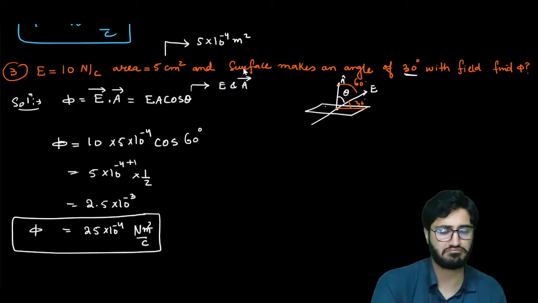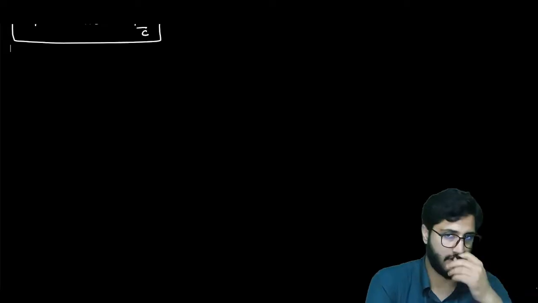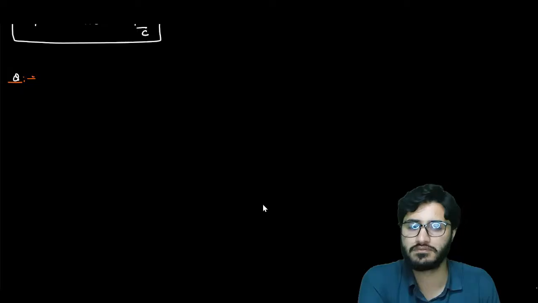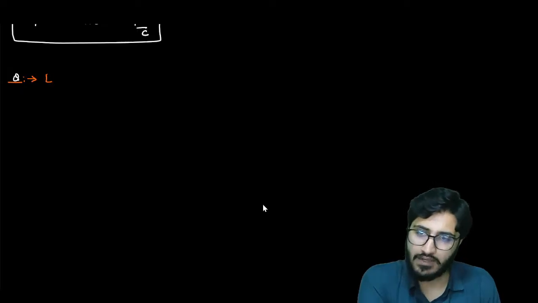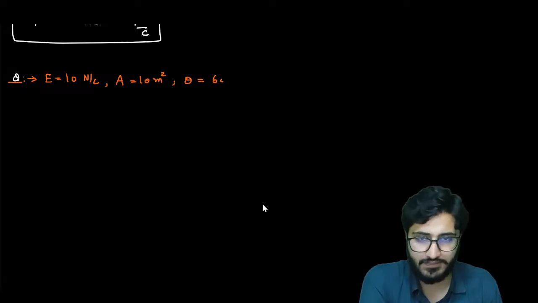Done. One more numerical. Electric field is equal to 10 newton per coulomb, area equals 10 meter square, and theta is given to us, that is 60 degree.